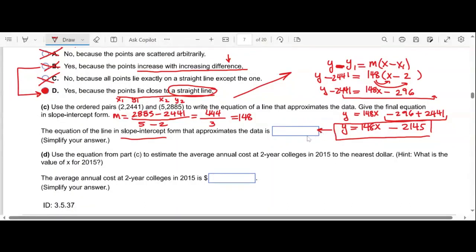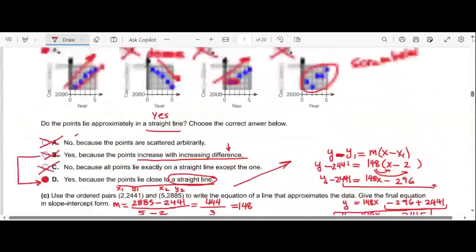Use the equation from part C to estimate the average annual cost at a 2-year college in 2015 to the nearest dollar. What is the value of 2015? What is the estimated average annual cost for a 2-year college in what year? 2015.